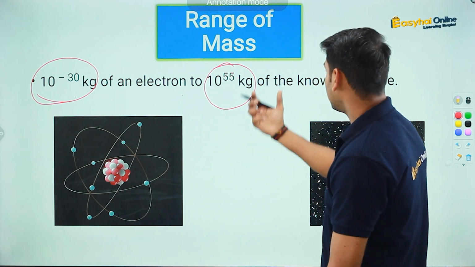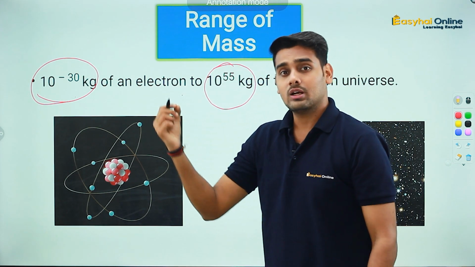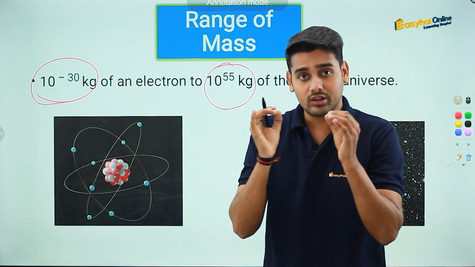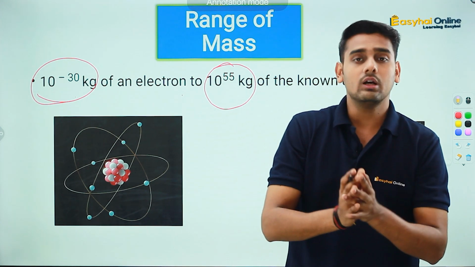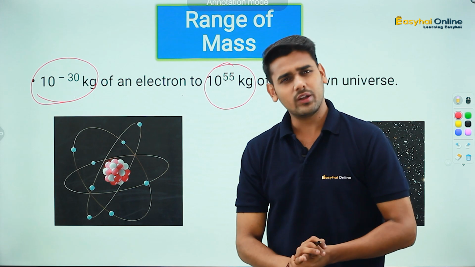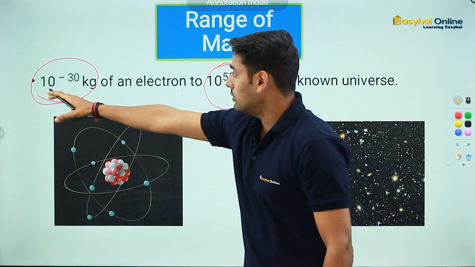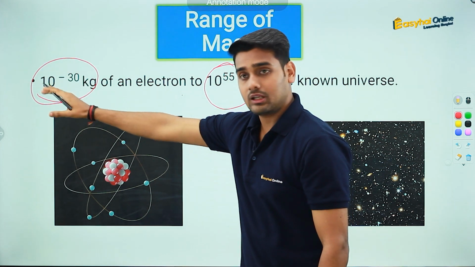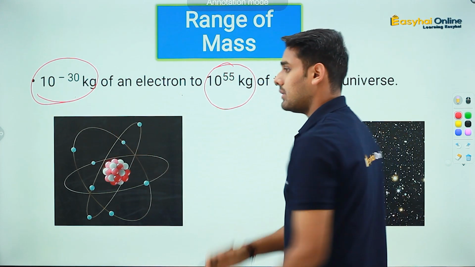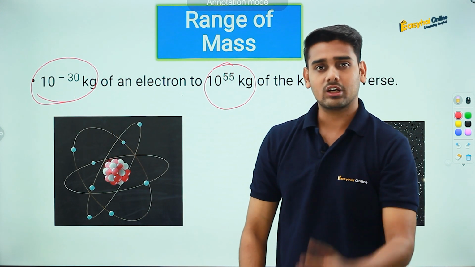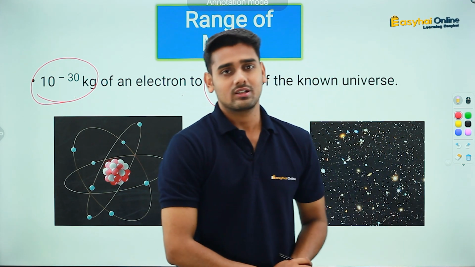Once again, this number is so huge that it's physically very difficult to even comprehend how large it is. So 10 to the 55 kg to 10 raised to the power minus 30 kg, these are the range of masses that we usually come across in this universe.